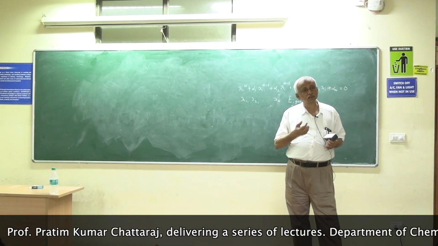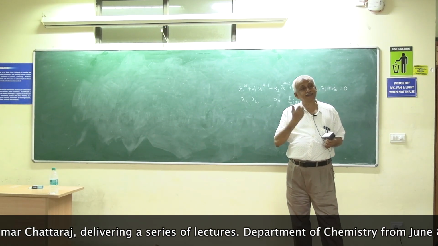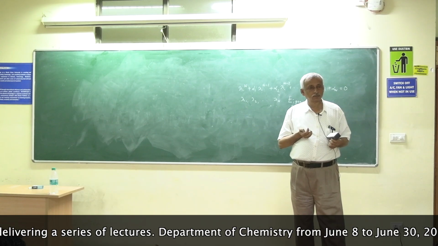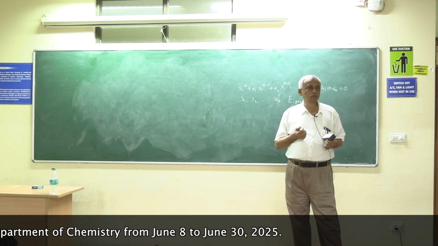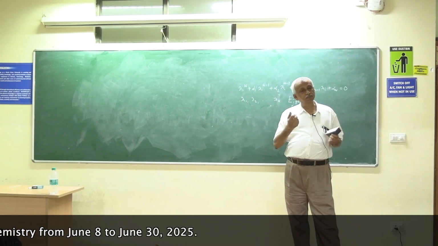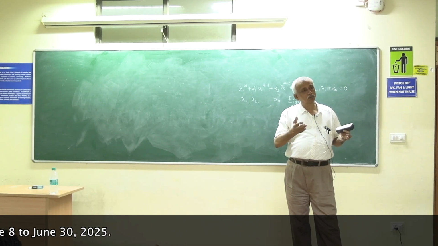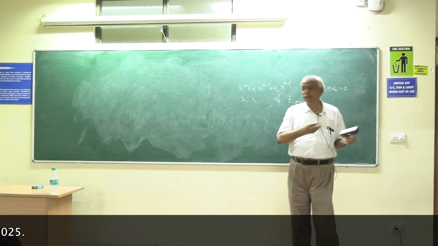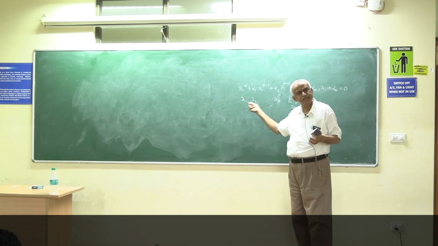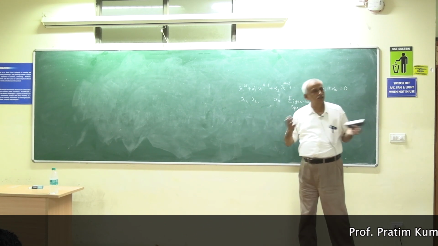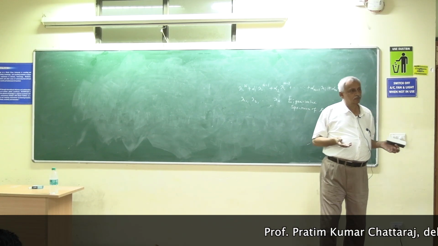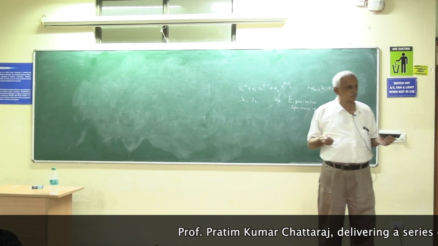After that, once you have this eigenvalue spectrum, you remember, some of these eigenvalues may be the same also, then we get the degenerate set of corresponding eigenvectors.